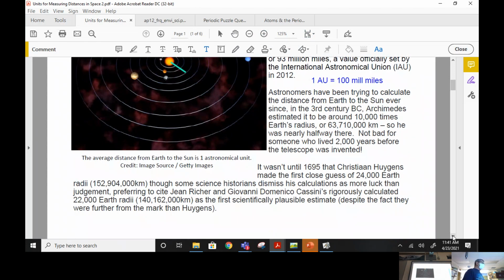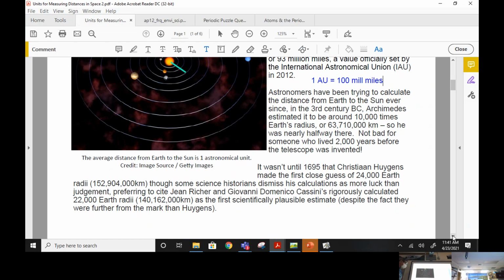It wasn't until 1695 that Christian Huygens made the first close guess of 24,000 Earth radii, or 152 million kilometers, which is about 100 million miles. So he was pretty close.